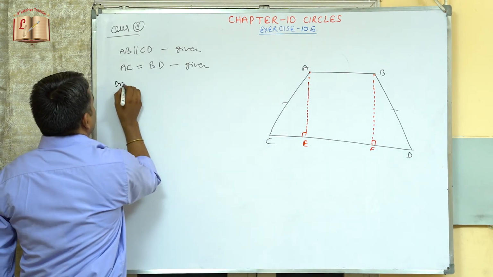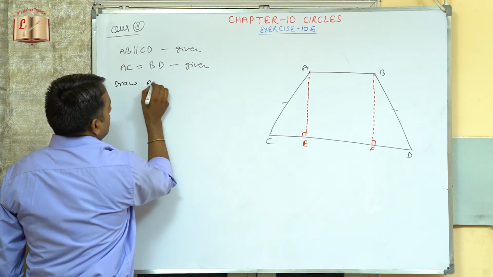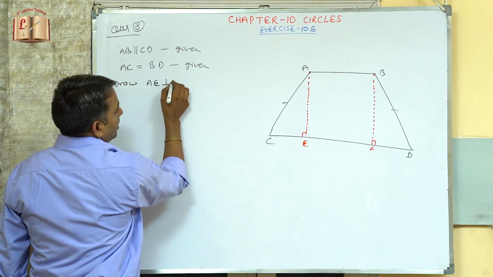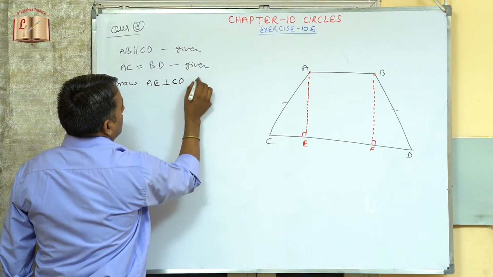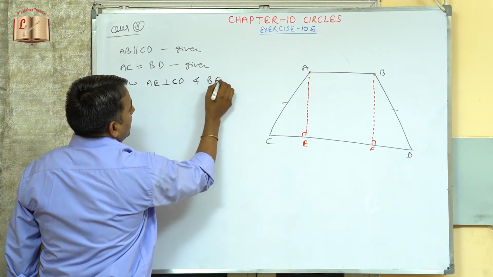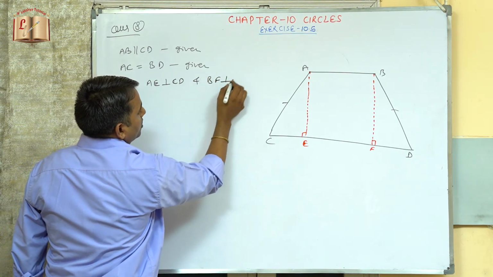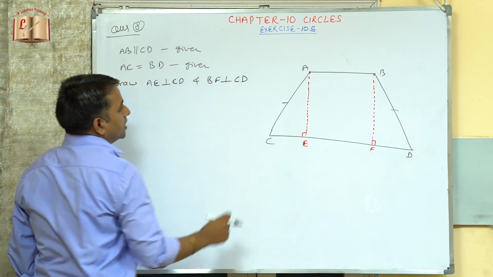So draw AE perpendicular to CD and BF perpendicular to CD.